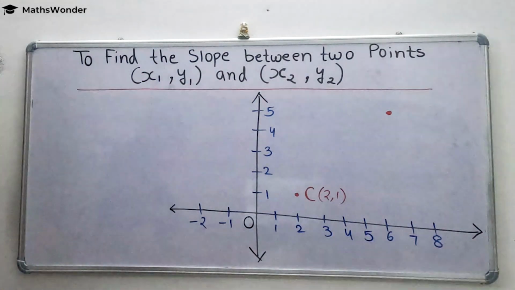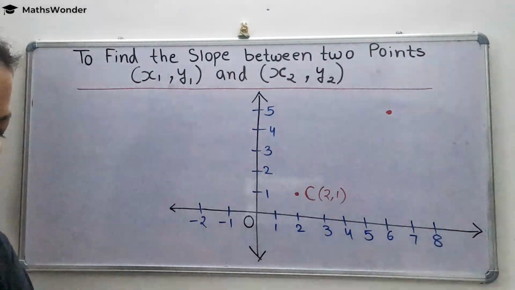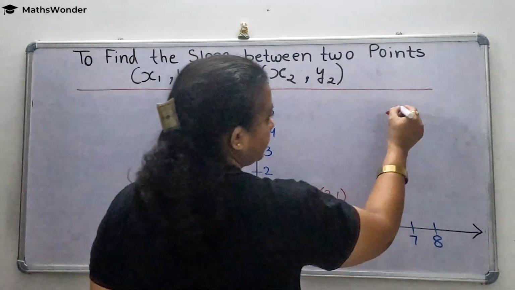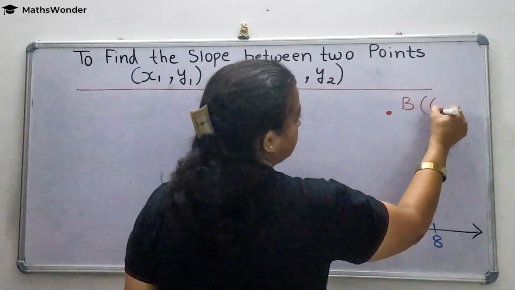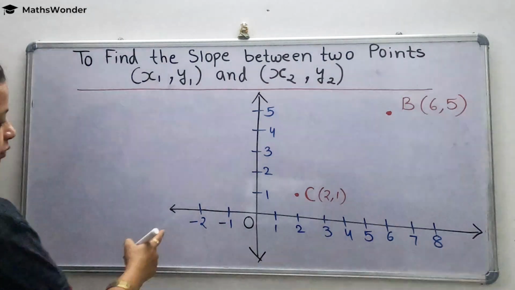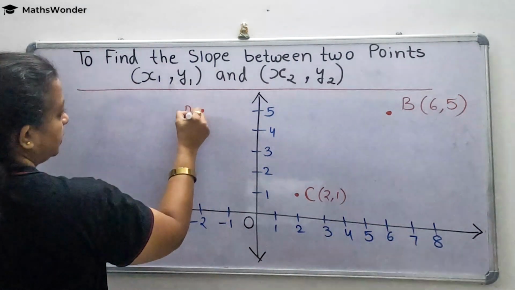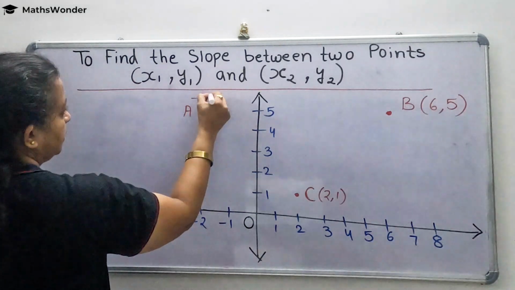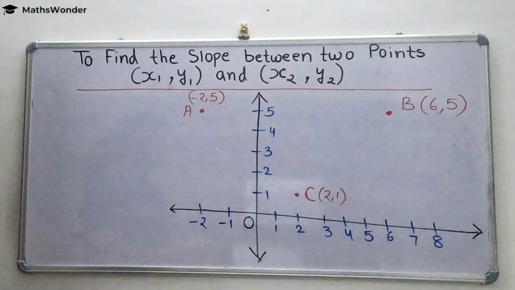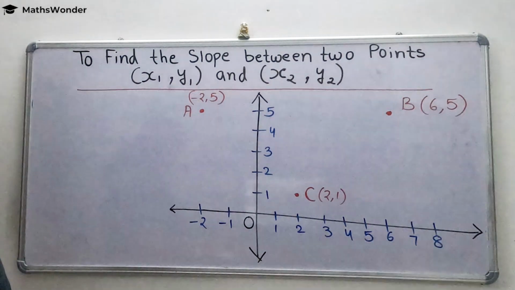This is B. And A we have taken as (-2, 5). Now you can see there are three points. We join all three points and it will make a triangle.